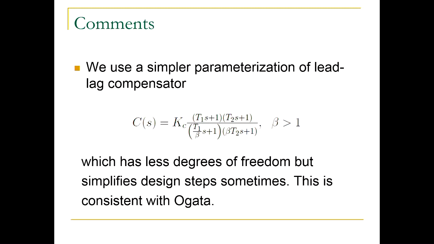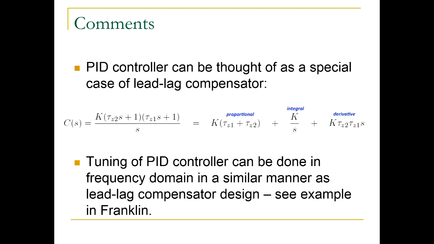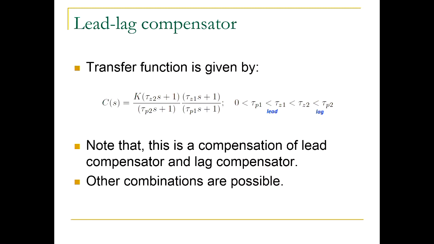Note that here we do have this tau, T1 and T2, but then we are assuming that we would scale the difference between pole and 0 for the lead and lag portions with the same constant beta. This is a more restrictive parameterization than what I presented earlier. So this parameterization here is more restrictive than this parameterization where we have tau z1, tau z2, etc. These guys are all free, whereas here I'm sort of insisting that they are related in a particular way.